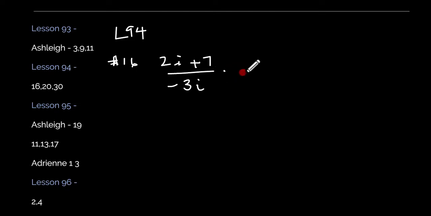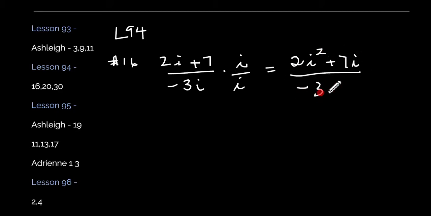We can't have an imaginary number in the denominator, so I'm going to multiply the numerator and the denominator by i. You could do 3i, but it doesn't really help any. In the numerator, we're going to distribute that through, so we get 2i squared plus 7i all over negative 3i squared. i squared is equal to negative 1.